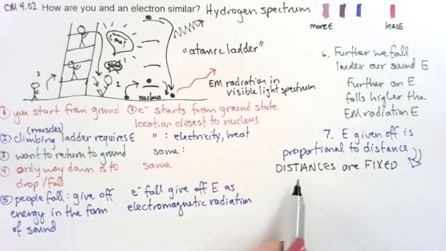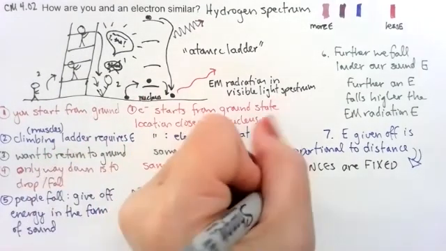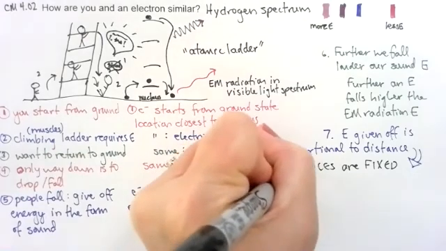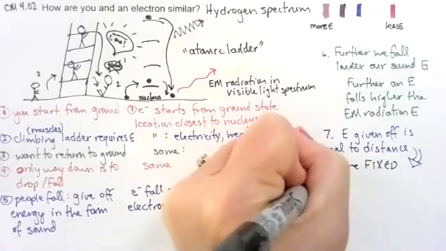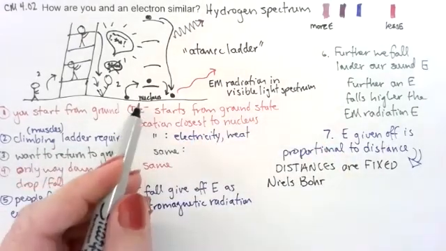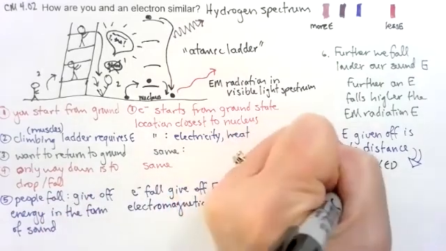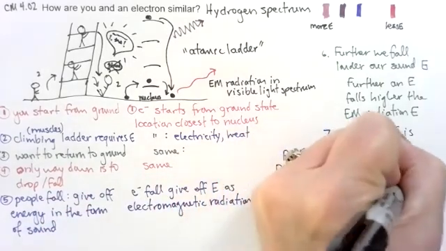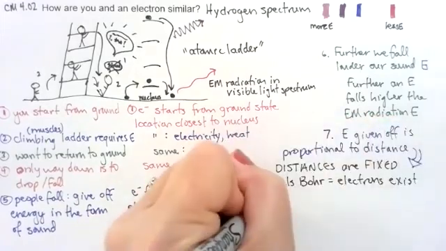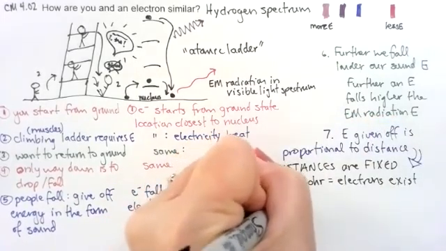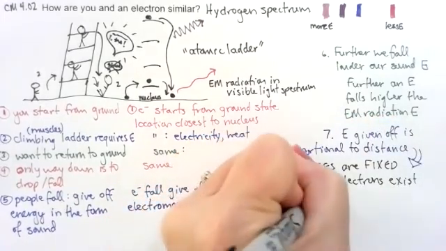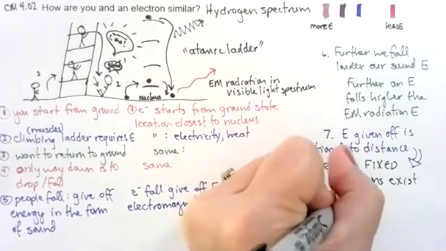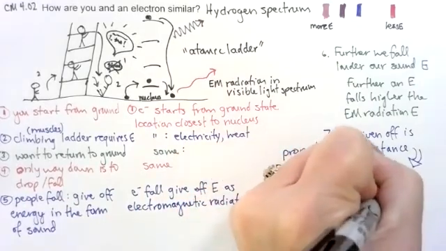So this led Bohr, the guy who finally figured this out was Niels Bohr. He said electrons exist in fixed distances away from the nucleus.